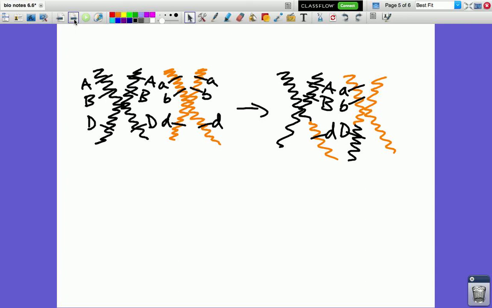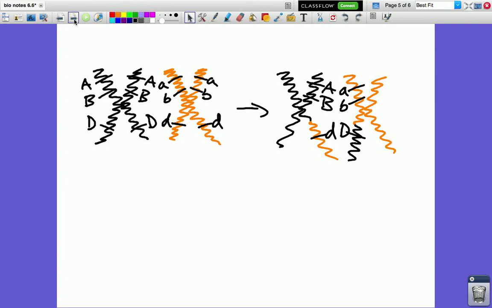But if crossover occurs, now instead of capital A going with capital D, capital A is going to go with lowercase d. So you have a flip-flop there. Now linkage is telling you how likely two different genes are to separate or stay together.